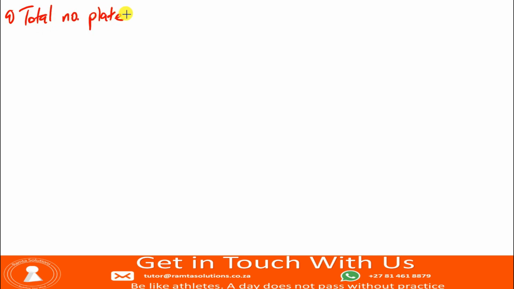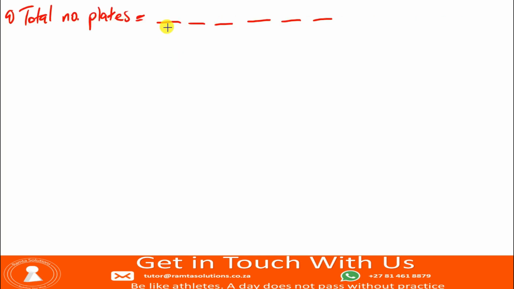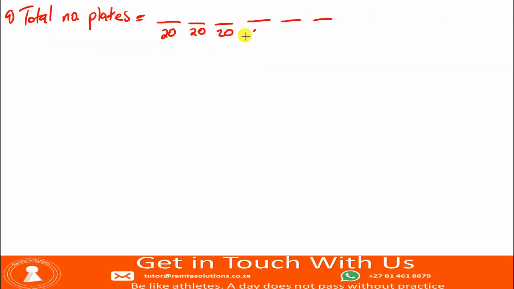We had triple L and then triple D, right? So they said these letters and digits are repeating. So this is how many letters? 20, 20, 20. And the digits, how many are they? 3. And we have to choose from 10 digits. So it's 10, 10, 10 because they are repeating.